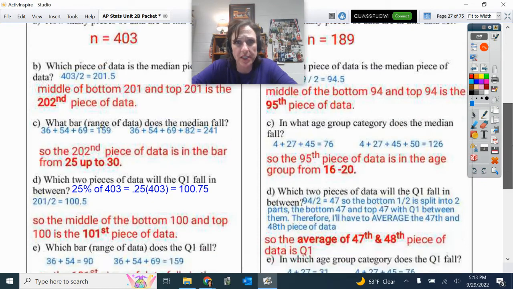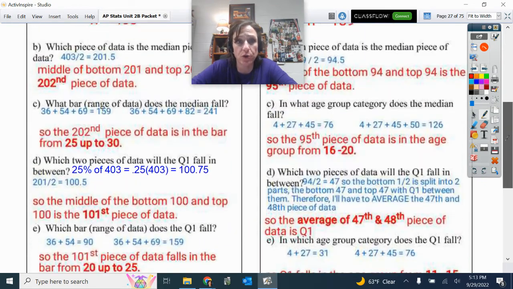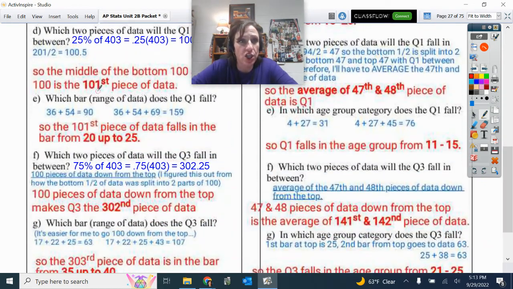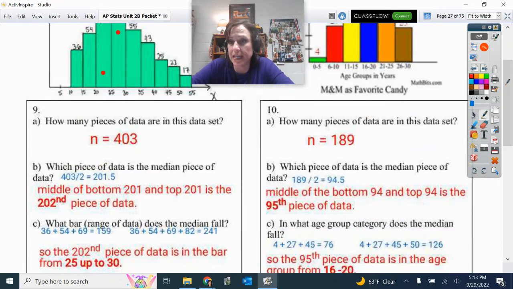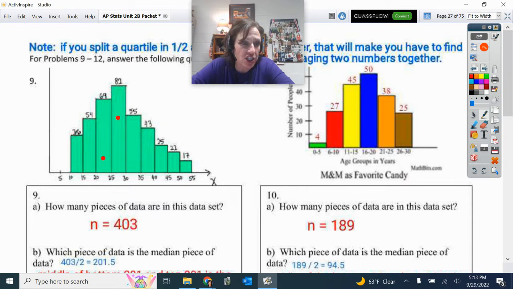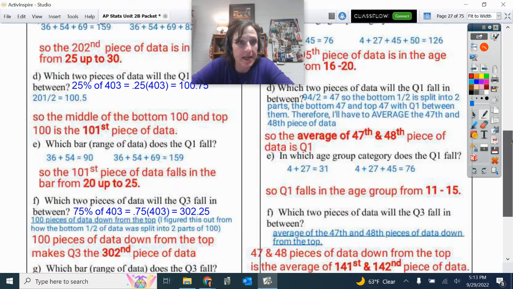Then we can do the same process for Q3, knowing that Q3 has got to be the 75th percentile. So 0.75 times 403 is 302. I had done a different way of thinking of it, and that came up with that same amount, the 302nd piece of data. So I can just add all of these up until I find where that 302nd piece of data is located.